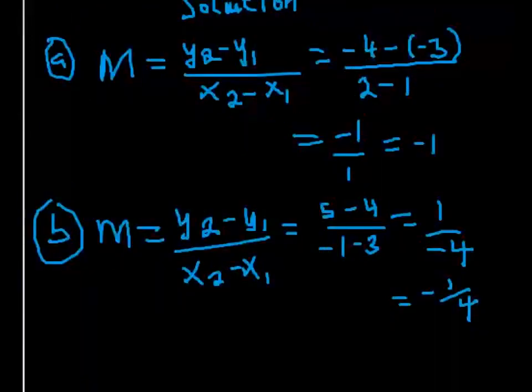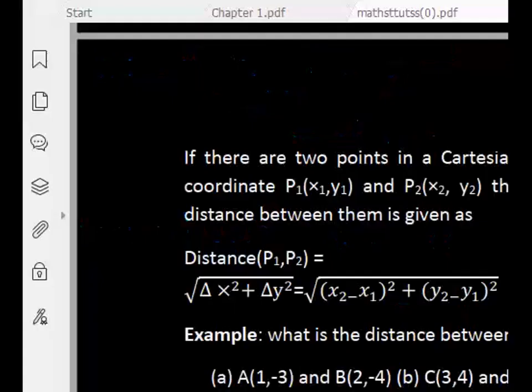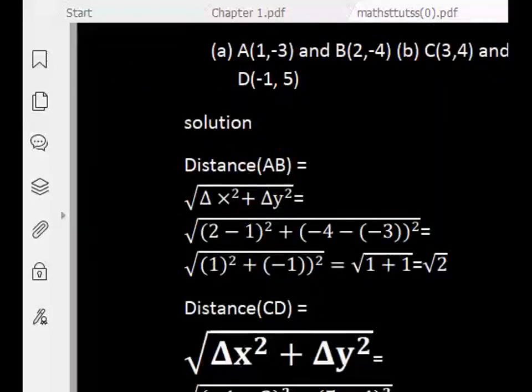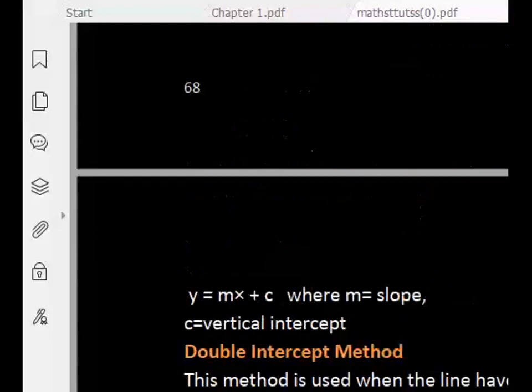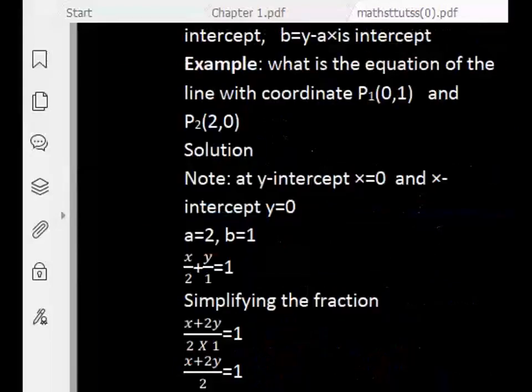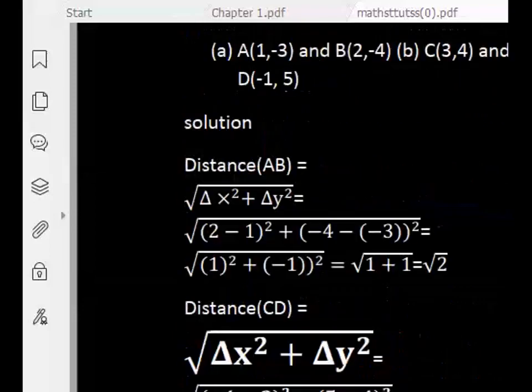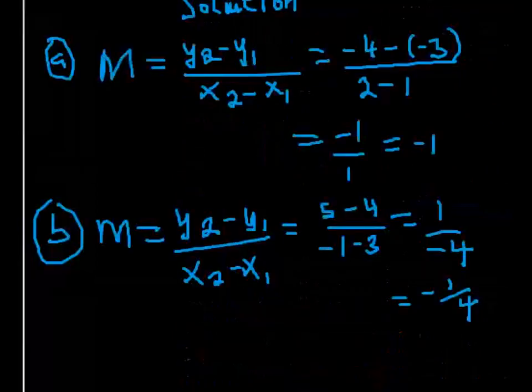Okay, let's move to the next subtopic. Now we're going to look at the relationship between the slopes of lines. Let's say a situation where you have more than one line in a graph.